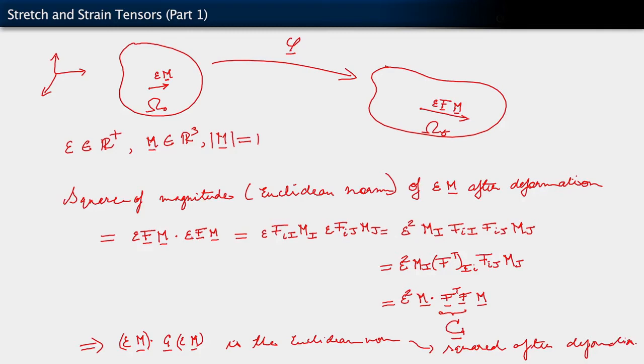Another way of saying this is that the effect of C is to give us the square of the stretched vector. So let me just say that. C gives us the square of epsilon m stretched.